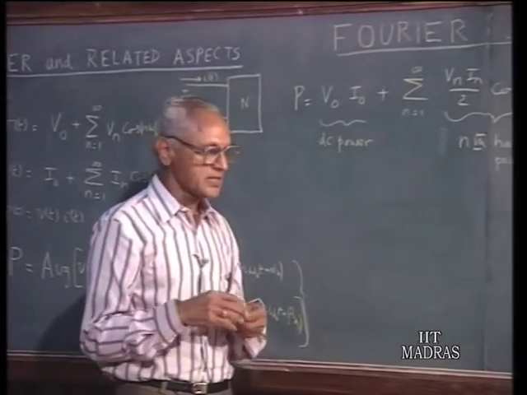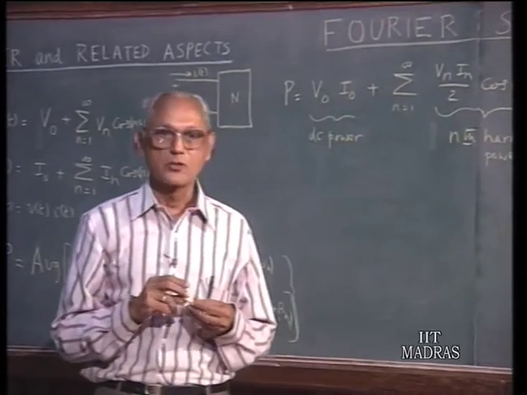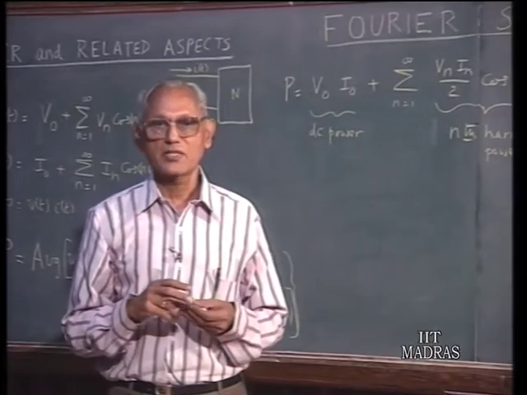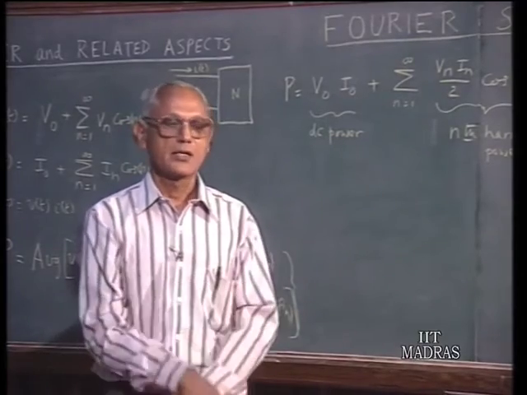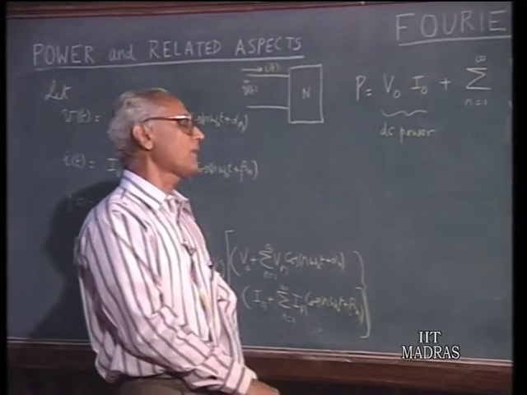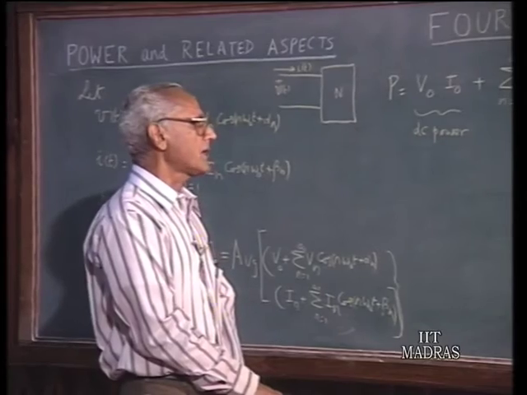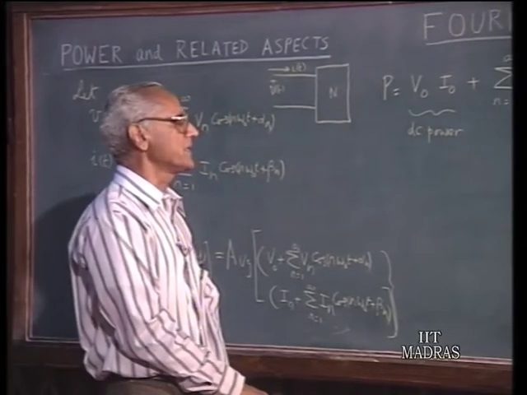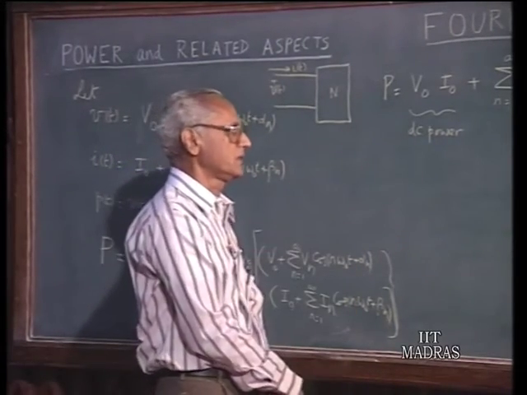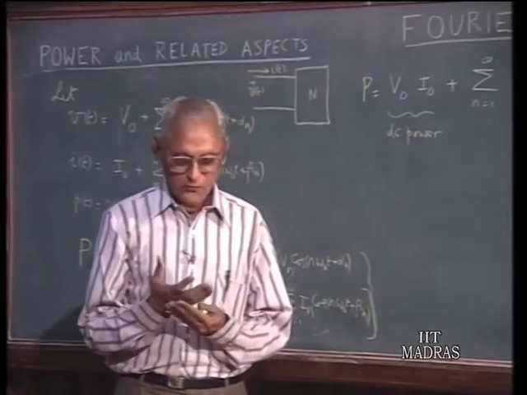Normally, if you have a voltage v as the sum of v1 plus v2 and the current i1 plus i2, you can't say v1 i1 plus v2 i2 is the power, because it doesn't work out that way. But as long as you are calculating the power associated with a pair of current and voltage components at the same frequency, then the summation will be valid. And this is what we are having here. You can superpose power, therefore.